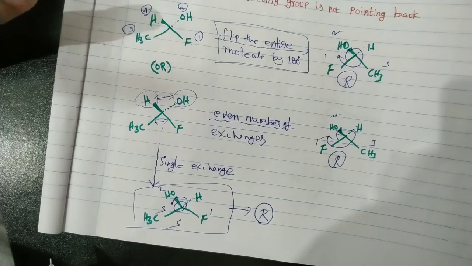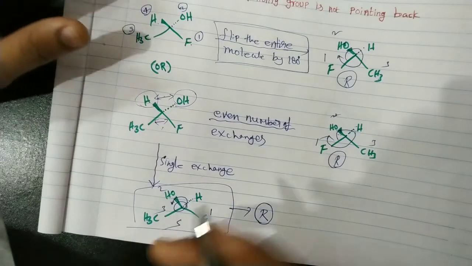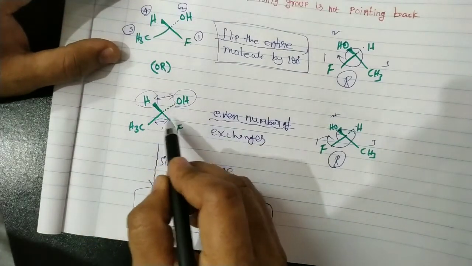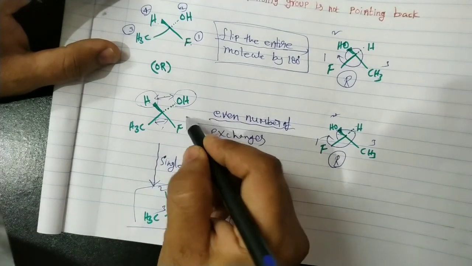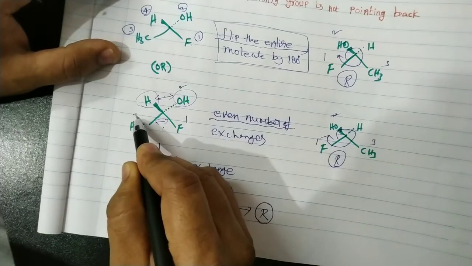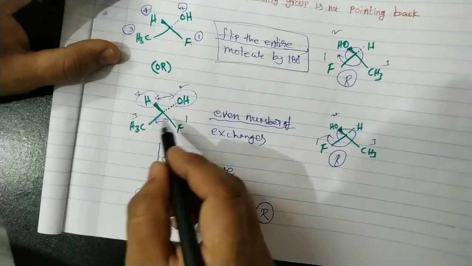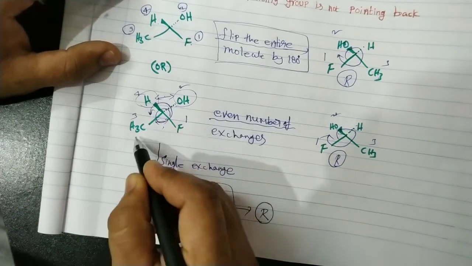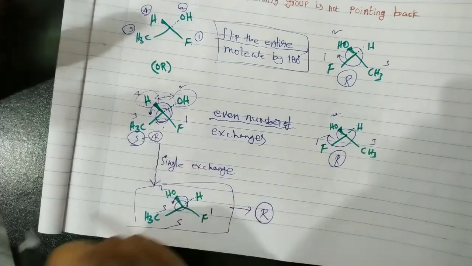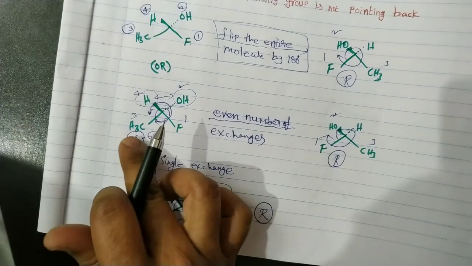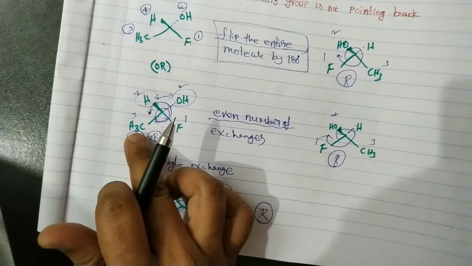Okay, in this case, a single exchange. Now if you give the configuration for this given molecule exactly, here first priority, second priority, this is third priority, this is the fourth priority. Its configuration is S configuration. So in this case we can take the reverse configuration R, but this rule is not applicable sometimes.